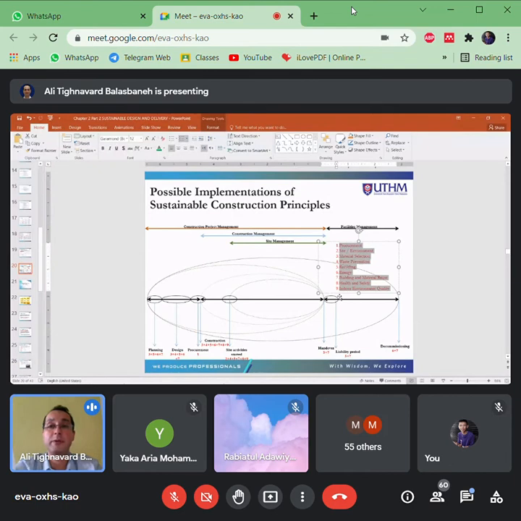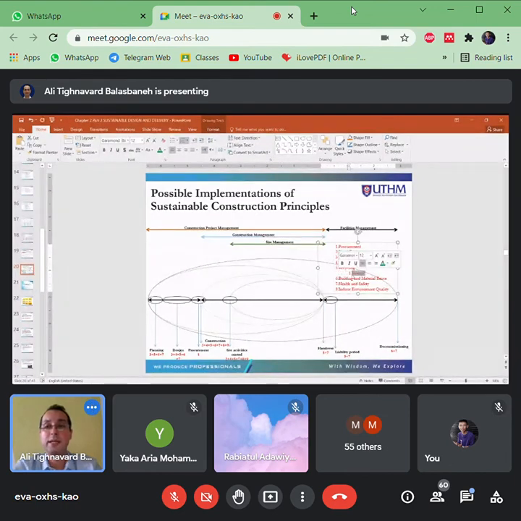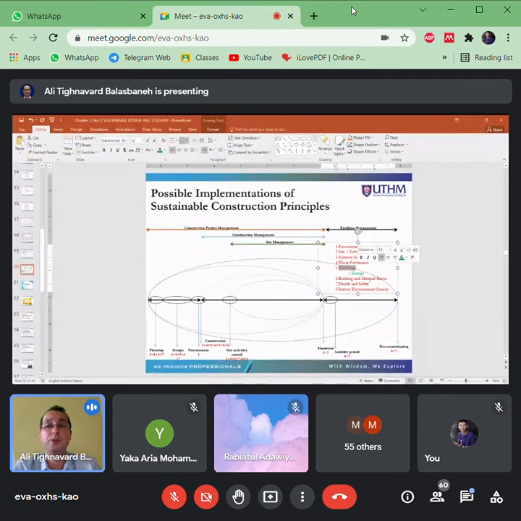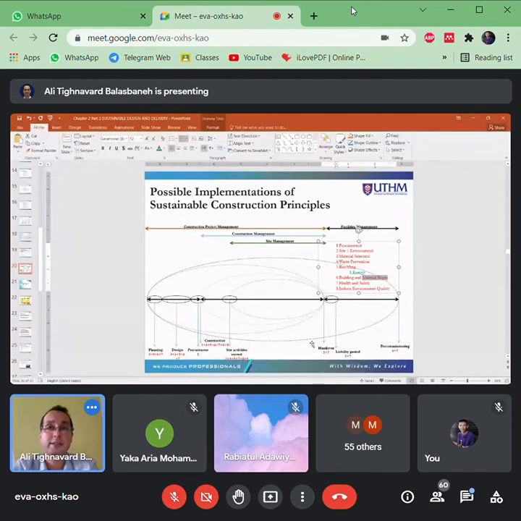Some of the criteria here, like energy, are related to the construction to occupancy stage. Some others, such as recycling or reuse of material, are related to the benefit and load of the building.